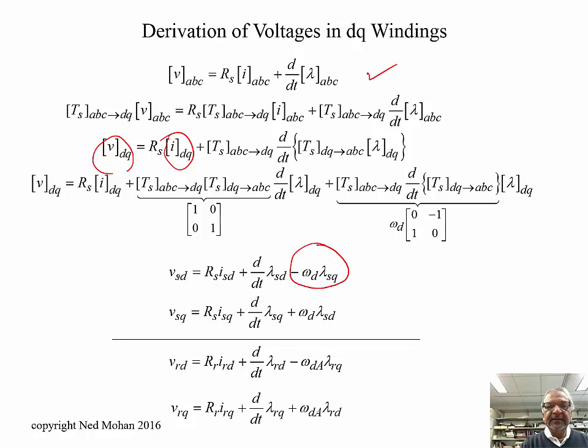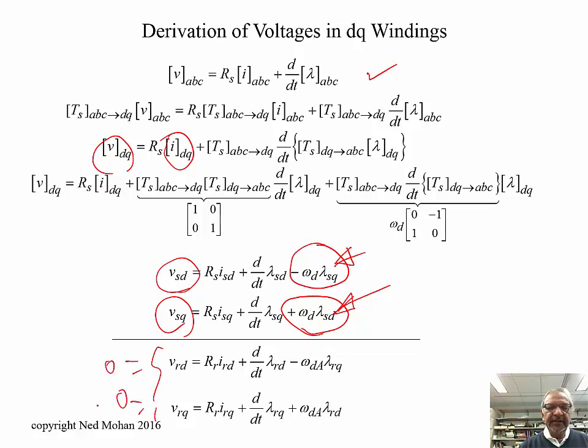Here you can see that the voltage in the d-axis winding is due to the flux in the q-axis winding. So these are coupled equations. Similarly in the q-axis voltage, the speed term is coming from the flux linkage in the D winding, and these speed terms are in terms of omega d. When it comes to the rotor, VRD and VRQ would both be 0 if we have a squirrel cage machine.